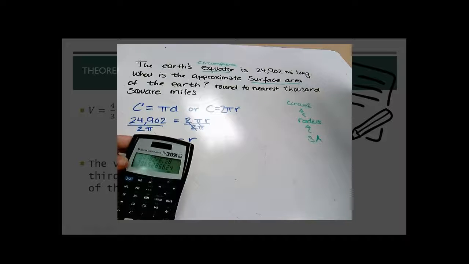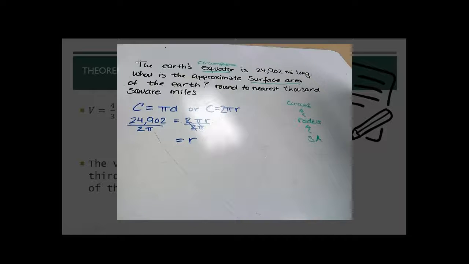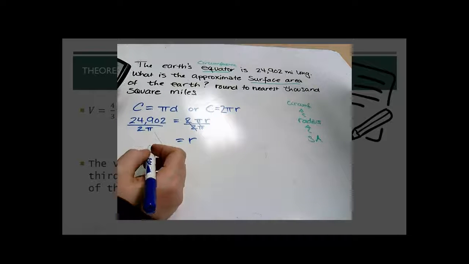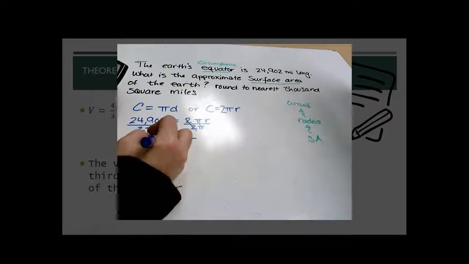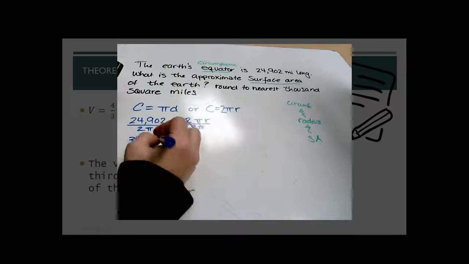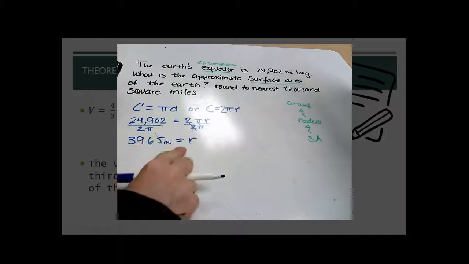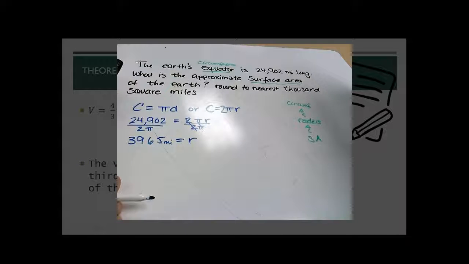When I divide that out, it gives me an approximate estimate of 3,965.28. So I'm going to go ahead and round that to 3,965. And that should be in miles. And that will give me the radius of the Earth.